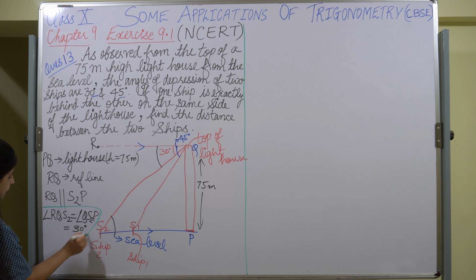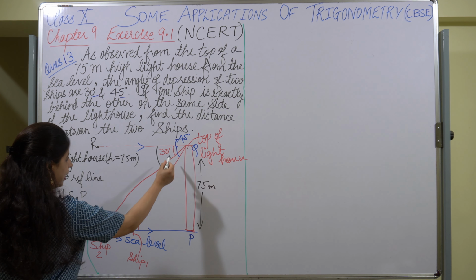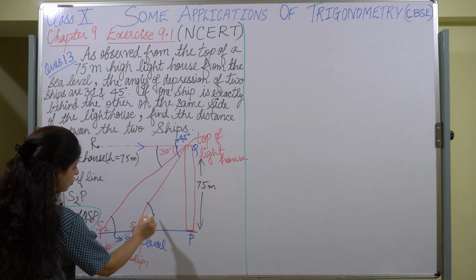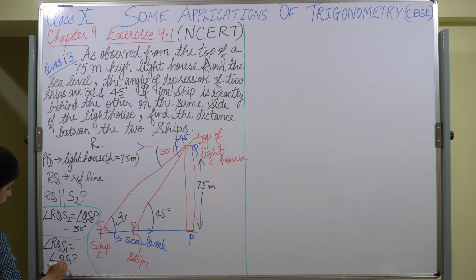Also the angle RQS1 is equal to angle QS1P, that means this angle will be equal to 45 degrees.